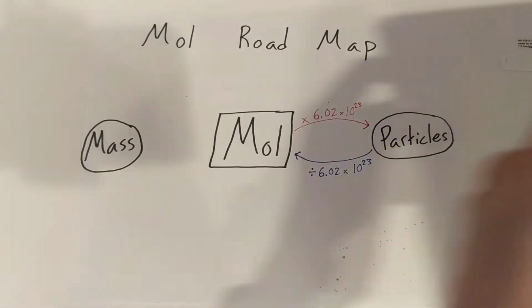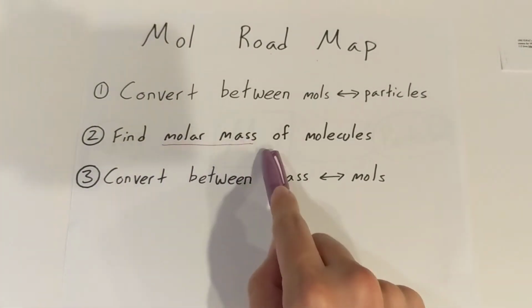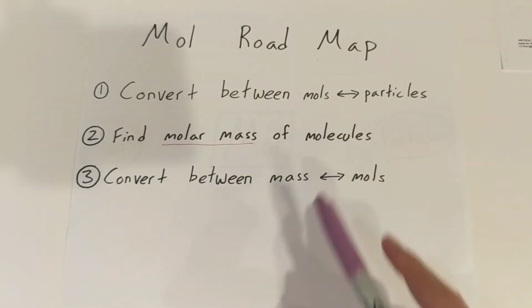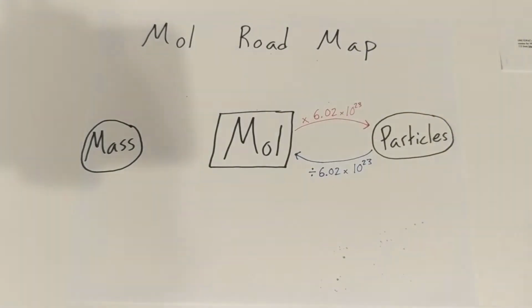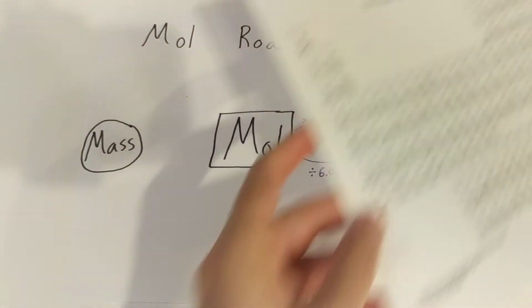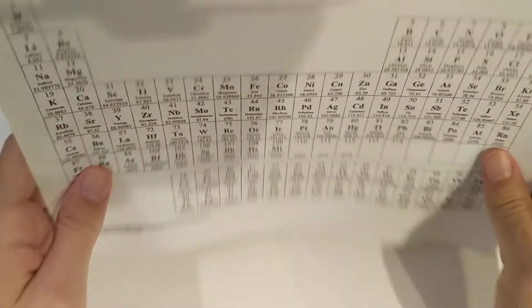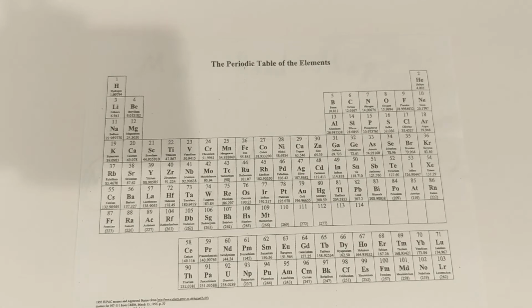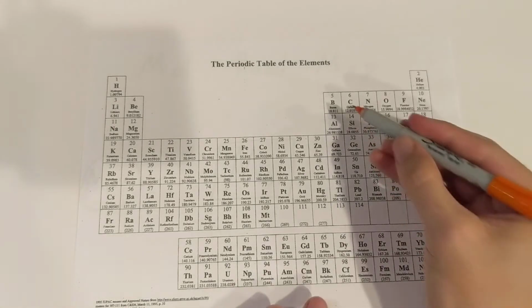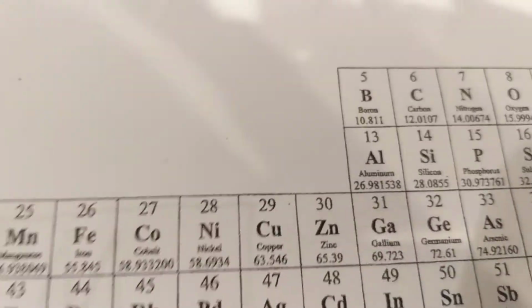All right, so if we had a question where we had to find the molar mass of a molecule, I'll show you how we would do that now. We would need to get a periodic table. And if you take a look, all of these lower numbers here, let's zoom in really close so you can see some of these.